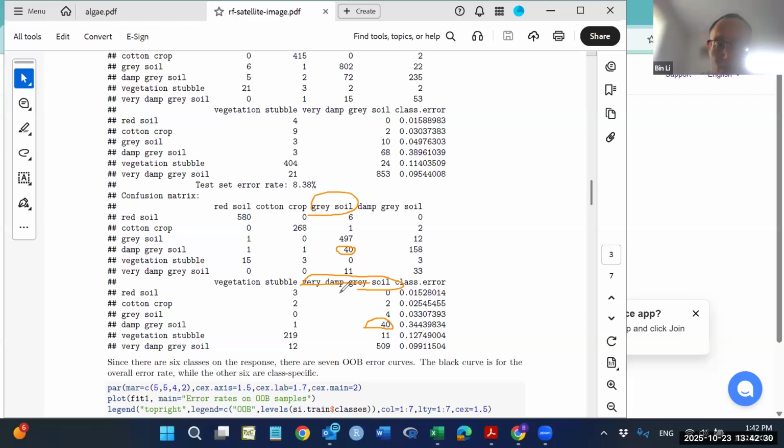That's why the damp gray soil has a very high misclassification rate, because it's close to the very damp gray soil and the gray soil. Also the very damp gray soil has quite high error, and the vegetation stubble also has quite high. So different classes have different class misclassification errors.